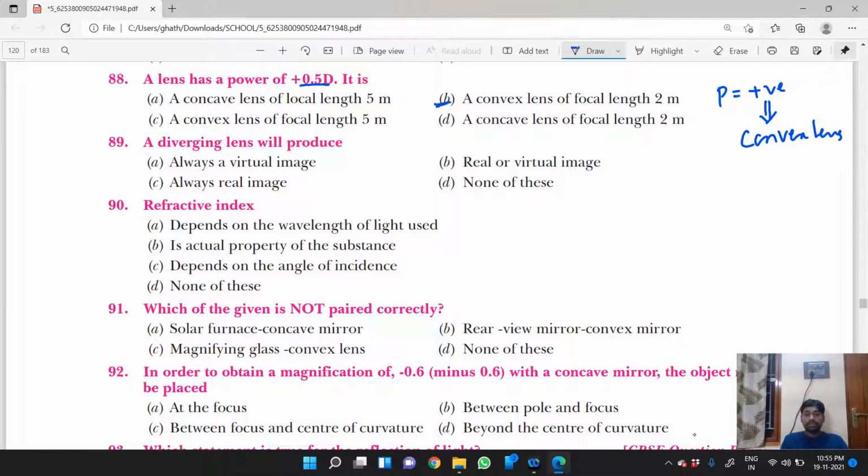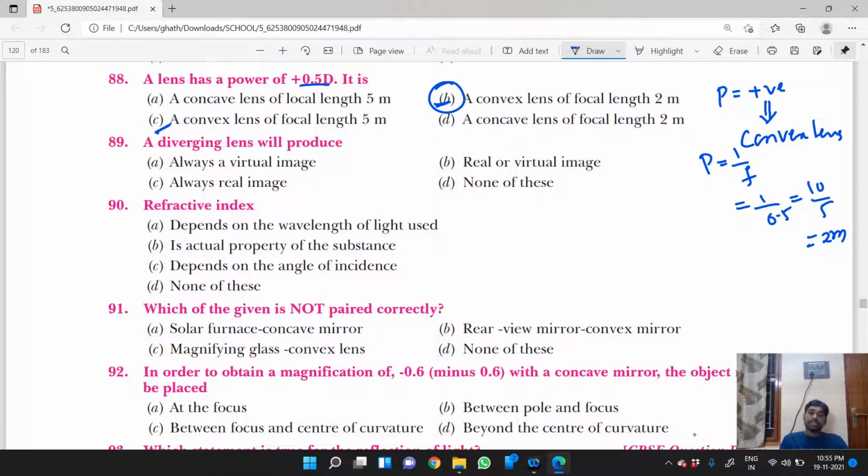Going with the calculation, power equals 1 by focal length when given in meters. So 1 by 0.5 equals 10 by 5, which equals 2 meters. So we go with 2 meters. Option B is correct.